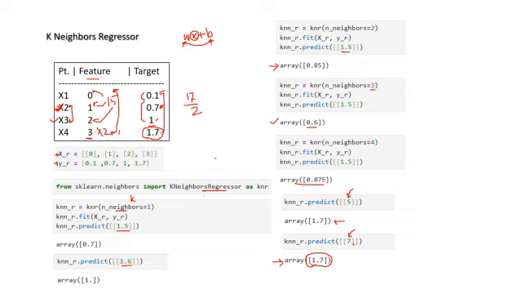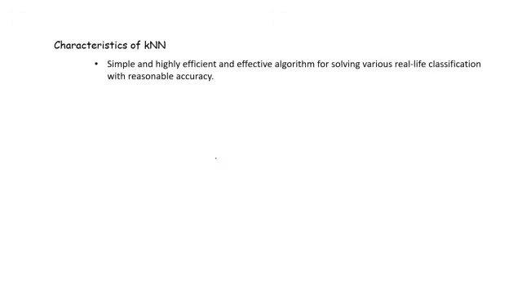So if I do not know that the test point belongs somewhere between the training distribution, I will not use k-neighbors regressor. So that's it. Now quickly let's find out the characteristics of KNN. Now this is a very simple, very efficient, and also effective algorithm.